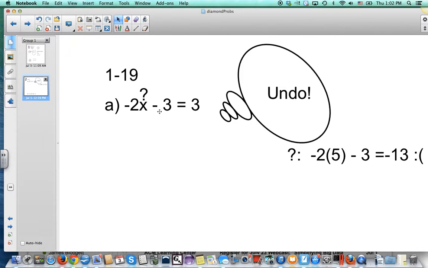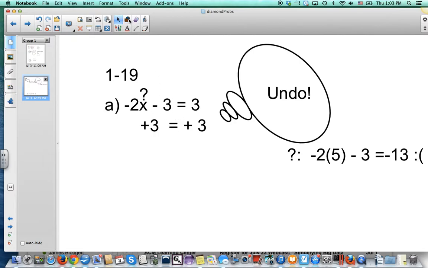So one thing I could do is undo what's being done to try to get x alone. For example, if I added 3 to this side of the equal sign, and I added 3 to the other side of the equal sign, I won't be changing anything about the equality.